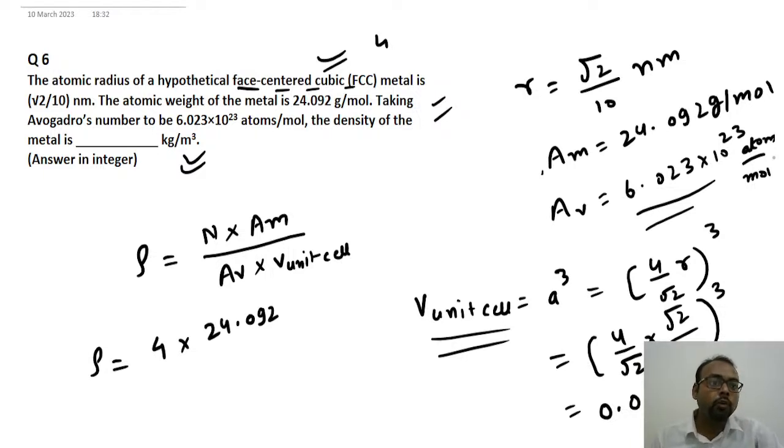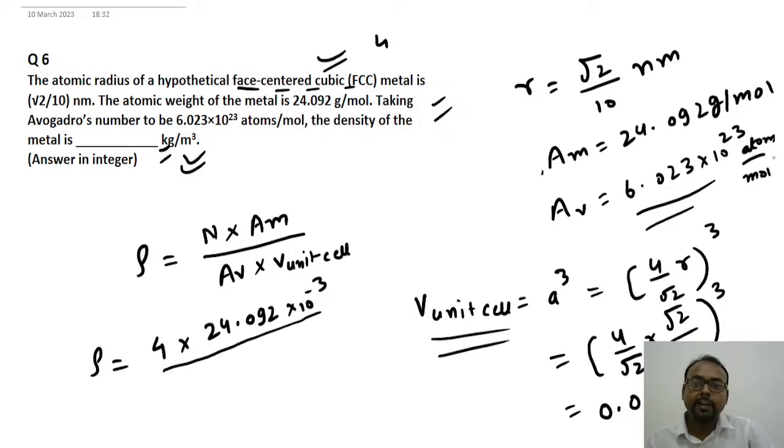Now you do one thing. Here we have been given the value in gram per mole, and we have been asked for kilogram. So you convert this into kilogram by multiplying by 10 to power minus 3, divided by the Avogadro number, 6.023 into 10 to power 23, into 0.064.